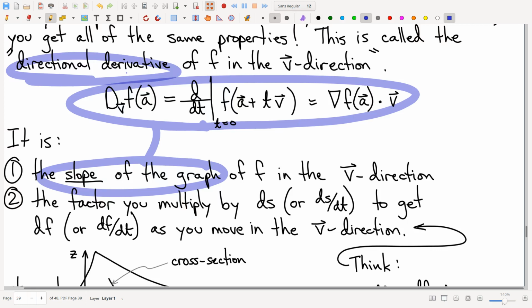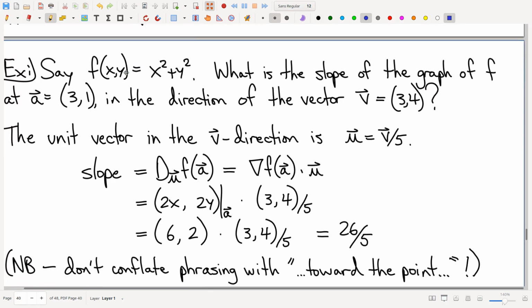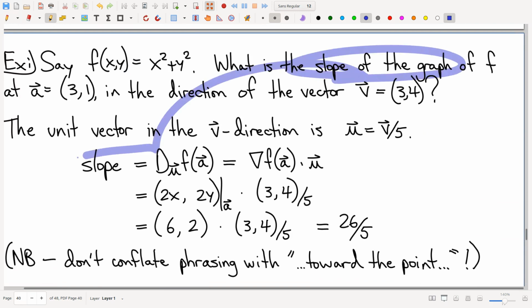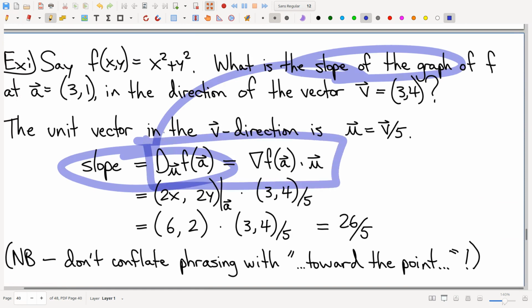So this is the life is good formula right here. All right. So let's do it. We want to compute the slope of the graph. Cool. Directional derivative, which I compute with that formula, dot product of the gradient. Some details to go through to follow, but is everybody with me so far?